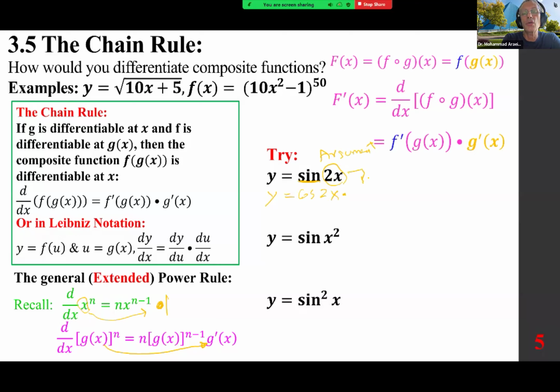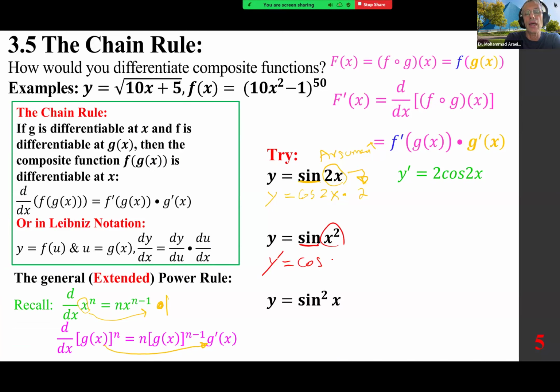Now, by the chain rule, if this was x, it would be done because the derivative of x with respect to x is 1. But now the derivative is 2, and that's why this is g prime of x. And that's the chain rule. We put the 2 in front. In this case, again, we read sine and we stop, and the answer for sine is cosine.